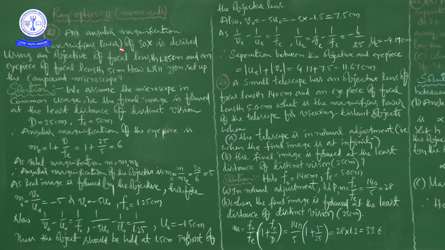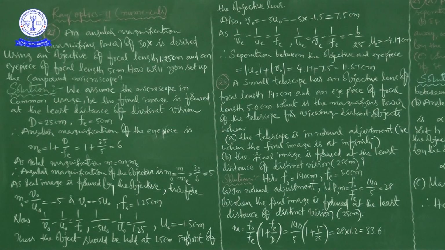See here, first I will read the problem, then we will go for the solution. Exercise problem 27: An angular magnification (magnifying power) of 30x is desired using an objective of focal length 1.25 centimeters and an eyepiece of focal length 5 centimeters.